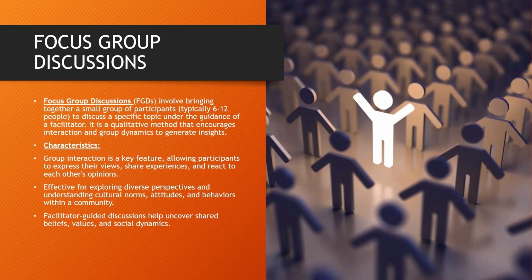It is a qualitative method that encourages interaction and group dynamics to generate insights. So you have a group of people, you have a topic on board, right? Then the members of the group are going to give their ideas about the situation. And with that, you'll be able to make inferences and understand the kind of social context that they've lived in, right? You get much knowledge about whatever problem or topic you'll be discussing.